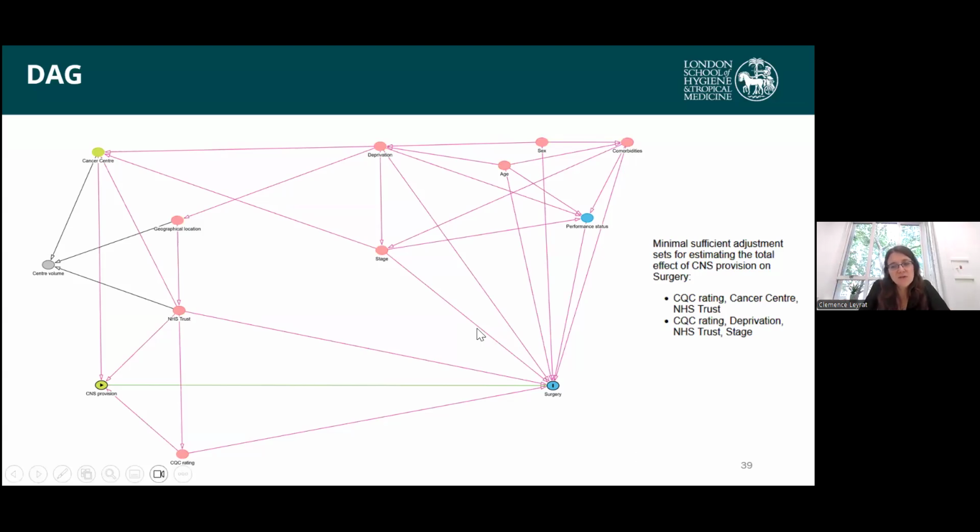So only the CQC rating, whether or not the trust was a cancer center, and of course the trust themselves were needed for adjustment. But to gain precision, we also adjusted for some individual level variables associated with the outcome.